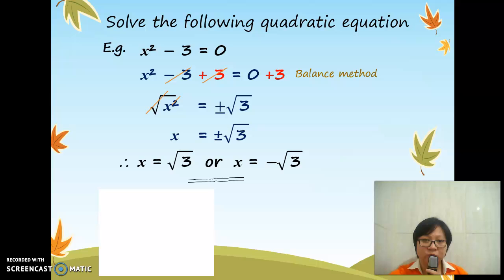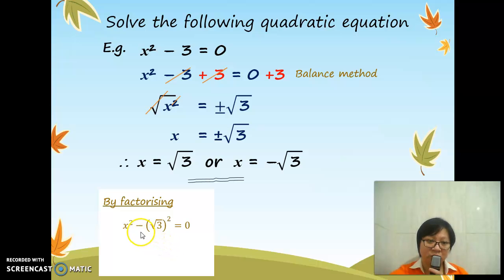We can use difference of two squares here by factorizing, of course. Remember, 3 is not a perfect square number, but we can make it into this form. See, put square root on and then square. Now you have difference of two squares. It doesn't matter if it's not a perfect square.